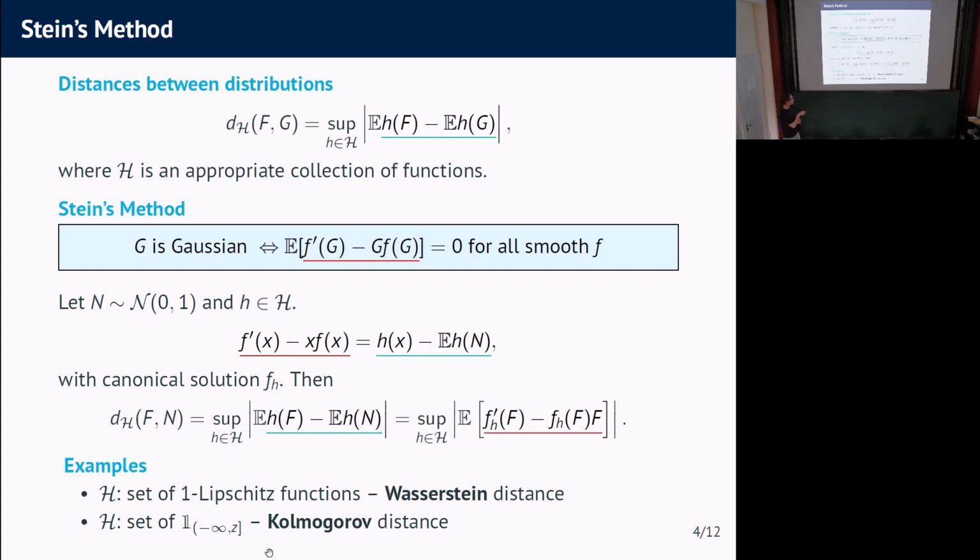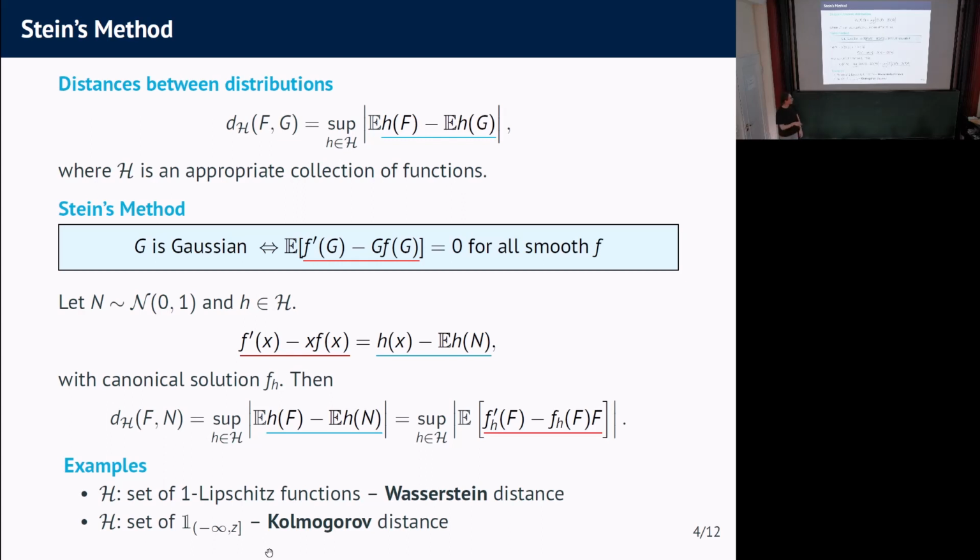And for Kolmogorov distance, we plug in the indicators, which means that we basically take the supremum over the cumulative distribution functions. The Wasserstein distance is usually much nicer to deal with in this context than the Kolmogorov distance, because the fact that you use Lipschitz functions gives you much more regularity than you get from the indicator functions. So usually Wasserstein is much easier to do.